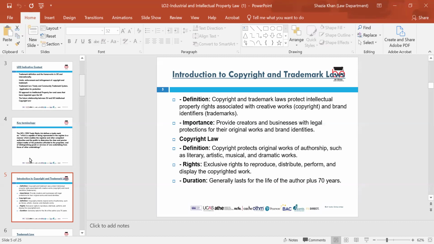So it protects the work. It gives them exclusive rights to reproduce, and generally it lasts for the life of the author plus 70 years. So it's really important that the rights are exclusively given to the person who's created it.